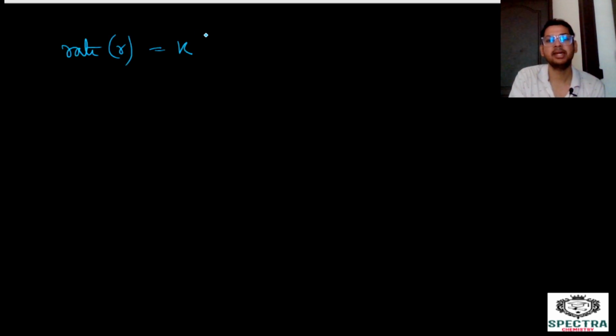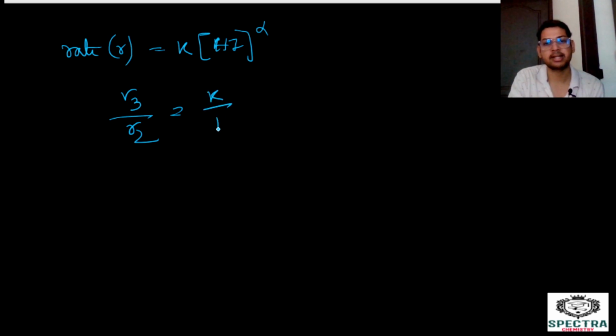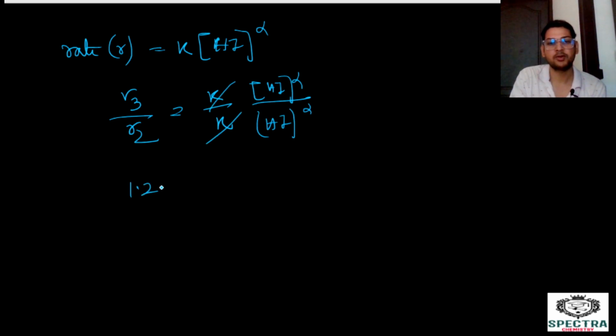So here I can write that rate R equal to K[HI] to the power alpha. Then I am doing R3 by R2 equal to K by K, which will get cancelled out, and [HI] to the power alpha by [HI] to the power alpha. R3 value is 1.2 into 10 to the power minus 2 and this value is 3 into 10 to the power minus 3.